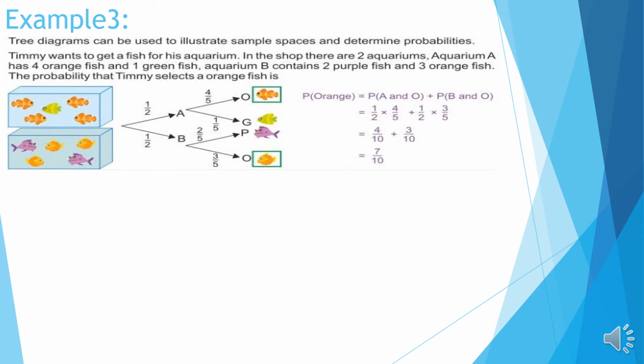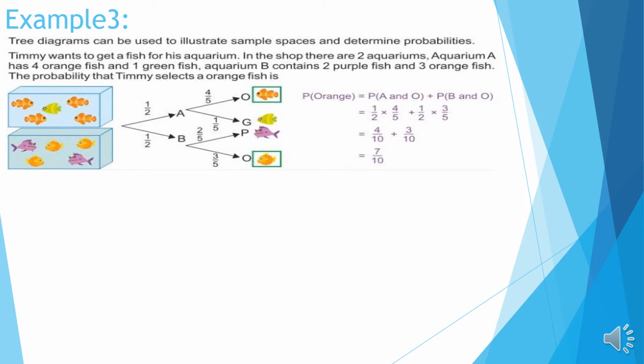How many orange do we have in Aquarium A? 4 out of 5. So the probability of O such that A is 4 over 5. What is the probability of green from Aquarium A? 1 out of 5. So the probability of green such that A is 1 over 5.